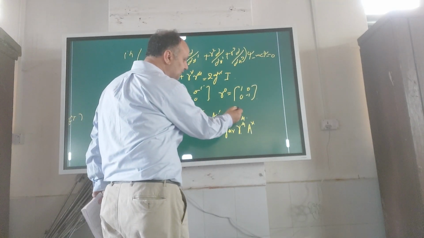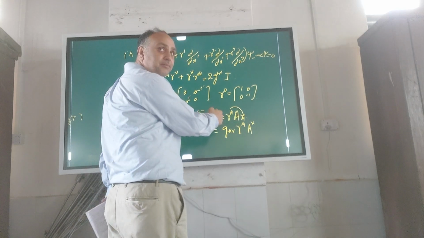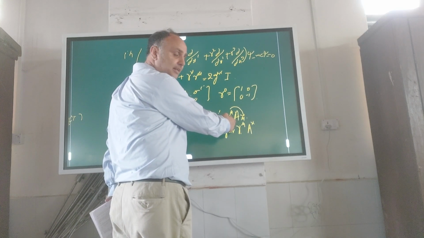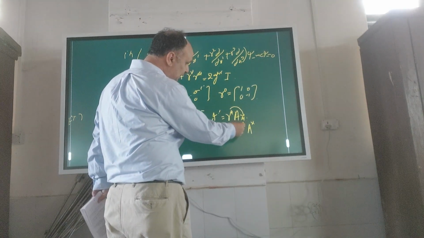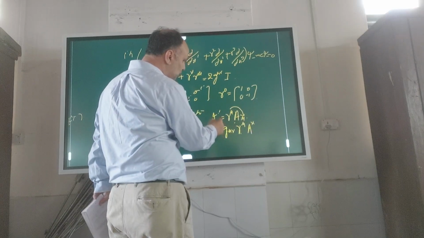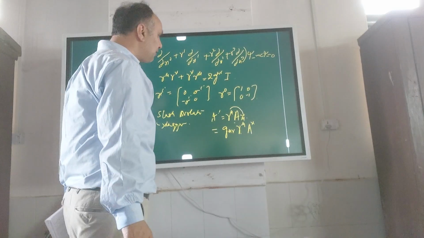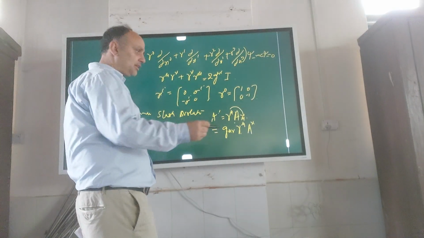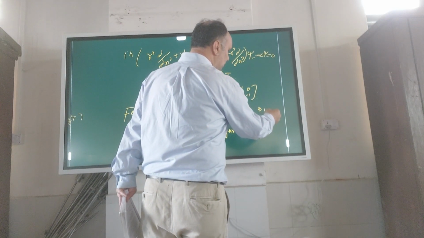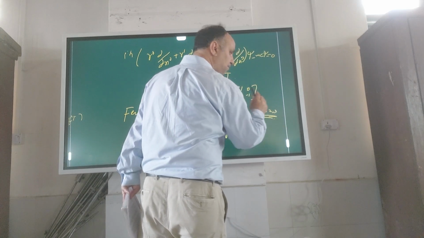So this contracts with this, and you will get a prime related with a. In the same way mu will contract, so a prime will be related with this via this notation, where mu can be 0, 1, 2, 3. These are space-time coordinates.